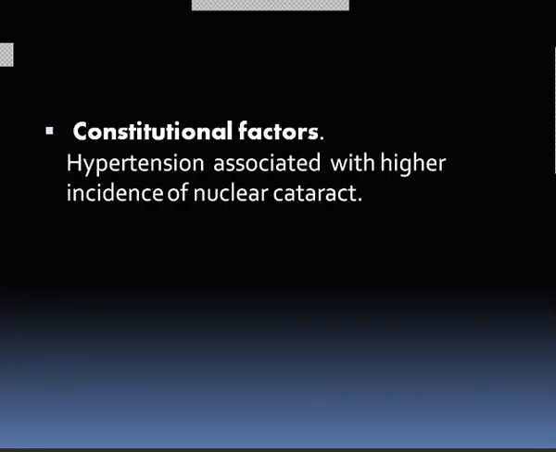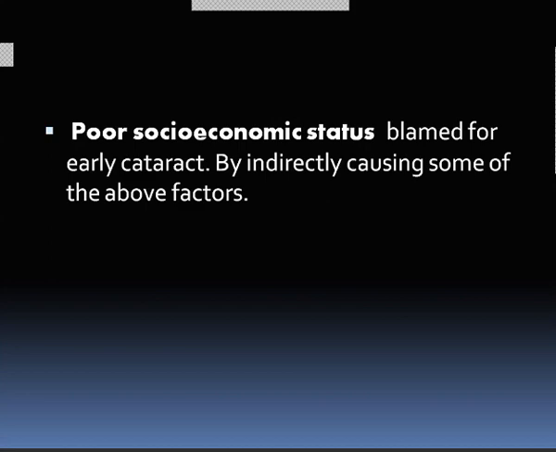Then constitutional factors, hypertension. Hypertension may be associated with higher incidence of the nuclear cataract. And the poor socioeconomic status. Why in the poor socioeconomic status does this cataract occur?